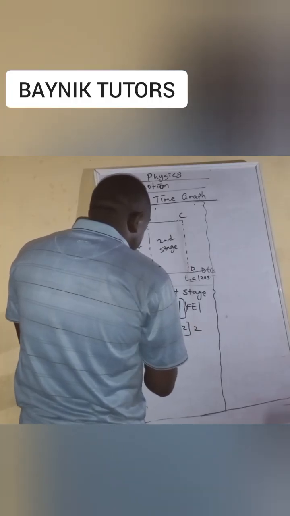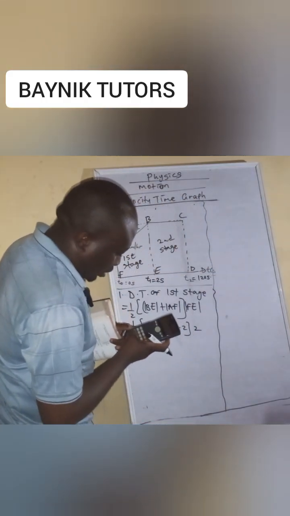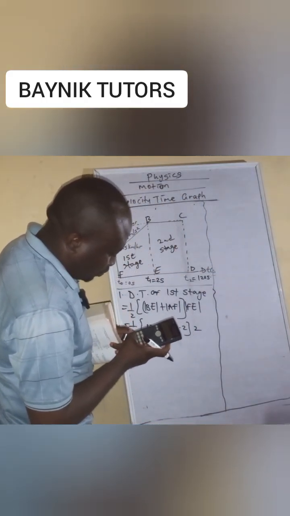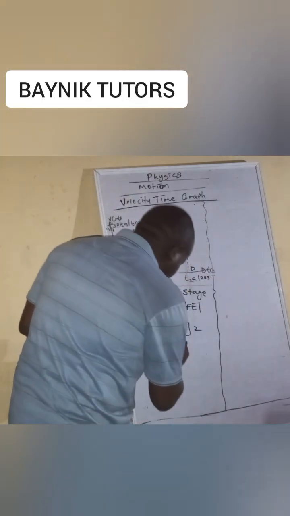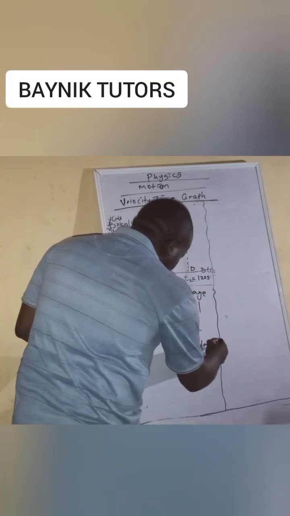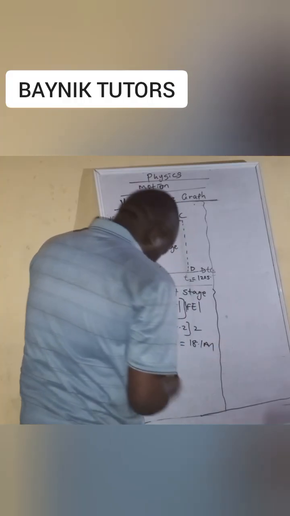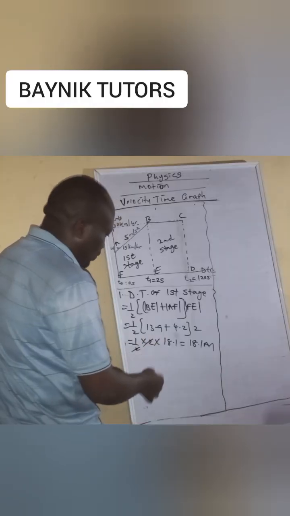So that will be half times 2 times 13.9 plus 4.2. 13.9 plus 4.2 will be 18.1. So that distance will be 18.1 meters. The 2 will cancel the half.